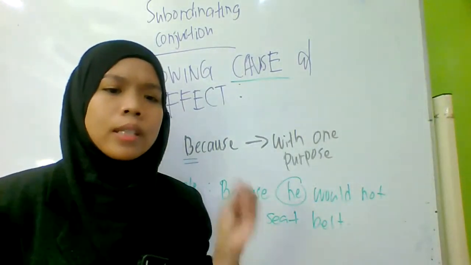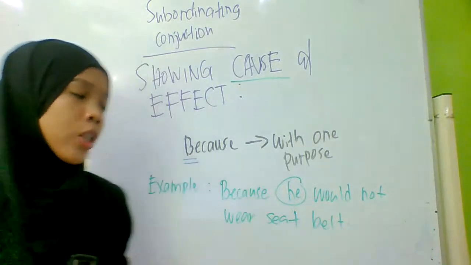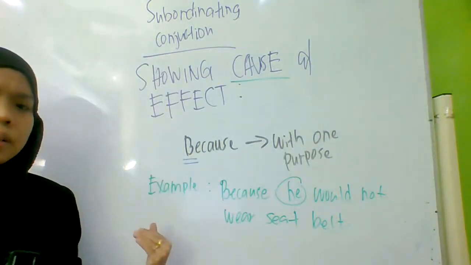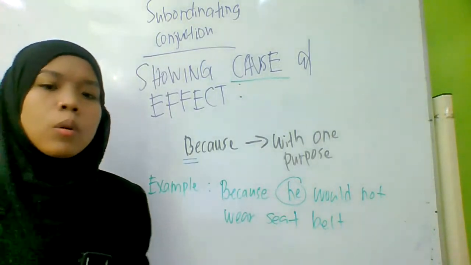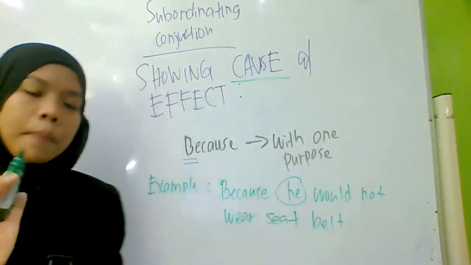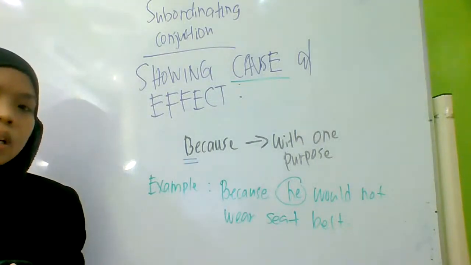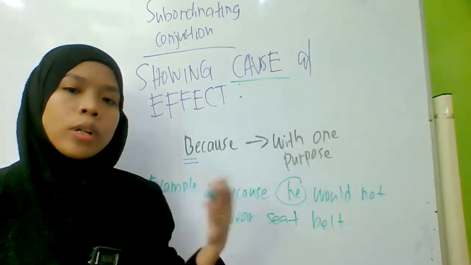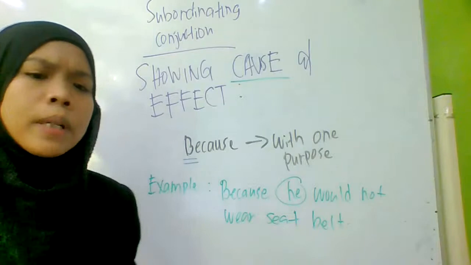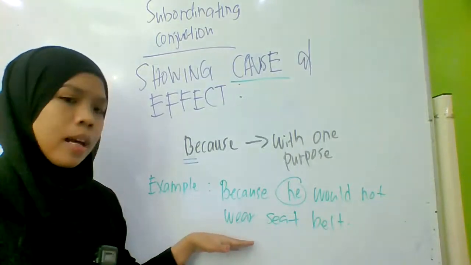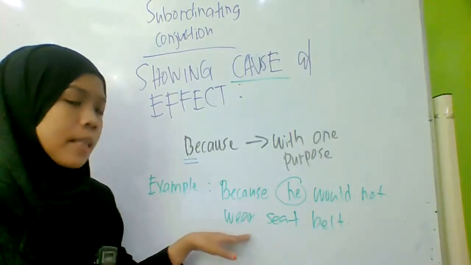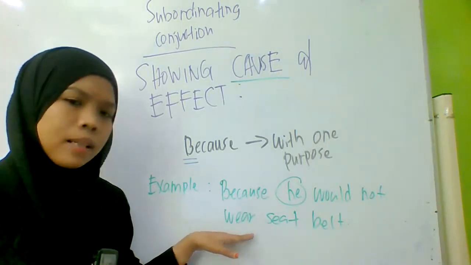So we have the sense that something is missing here, which is we did not get the idea. We did not know. So what you need to do, remember, is we can't start with because, by showing cause and effect. We have the sense that something is missing, something incomplete.